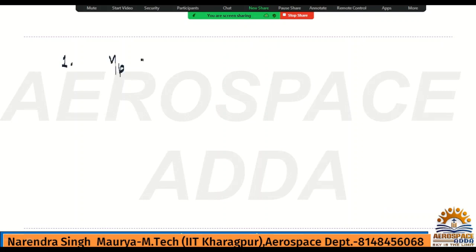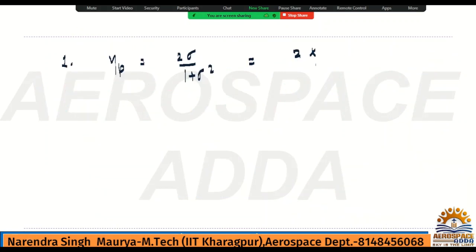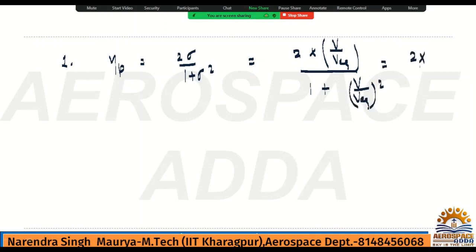Now for this problem directly we can calculate first eta P. So I have directly given the formula for eta P. So what is the formula? It is 2 sigma divided by 1 plus sigma square, where sigma is V upon V equivalent or effective. So 2 into V upon V equivalent divided by 1 plus V upon V equivalent. What is V?